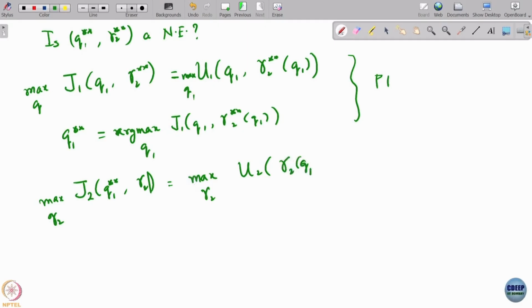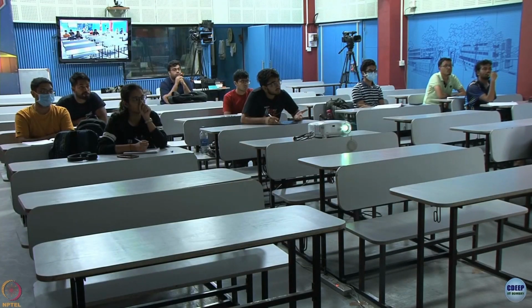So what is J2 of Q1 star star comma gamma 2? I need to put Q1 star star here and Q1 star star here. So what is this maximization, and what function maximizes this? Okay, but remember, is there any other function that maximizes this?